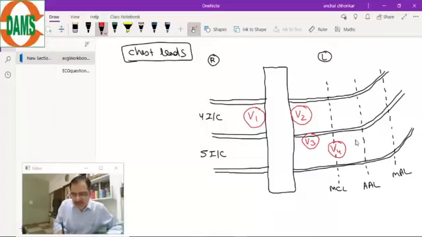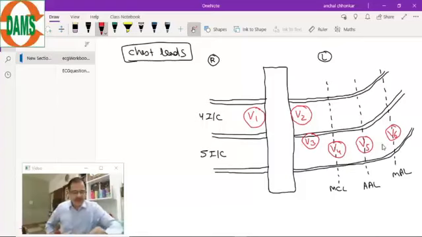V5 is here. V6 is here. So these are the placements of the chest leads, and it is very important, whichever side you are placing these leads, that will tell the pathology of the underlying heart structure, underlying heart wall.